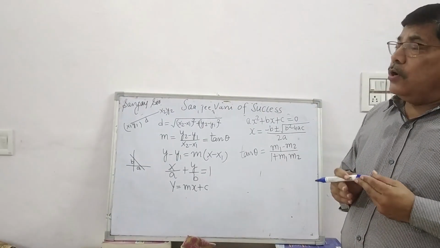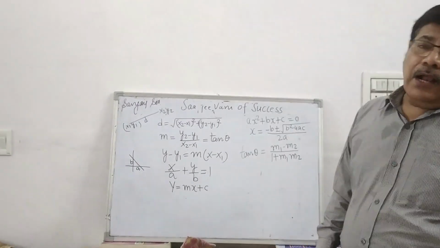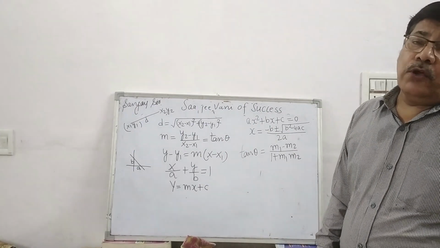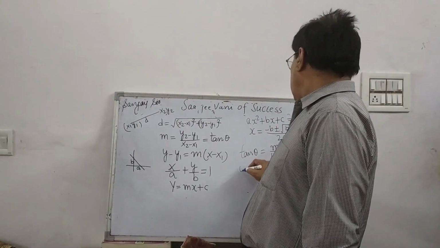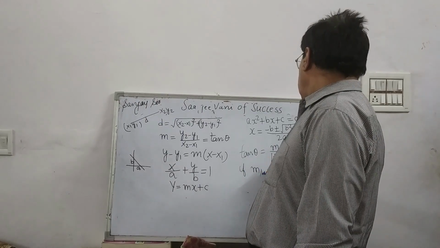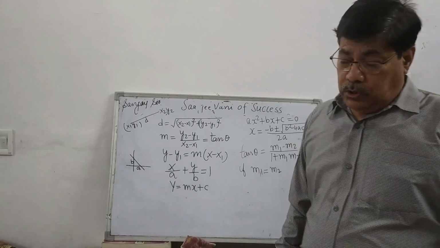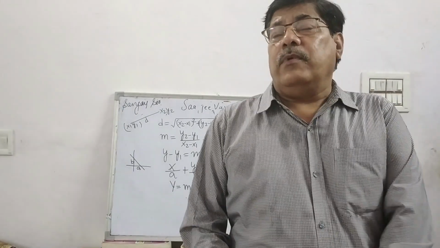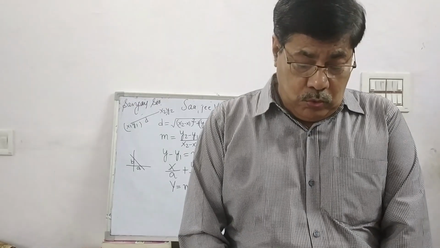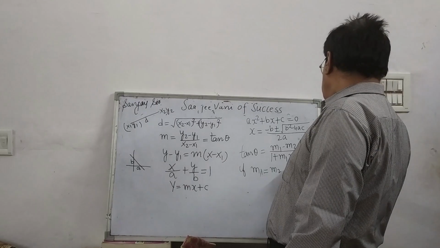Now there are two conditions. You have to tell when the lines will be parallel and when the lines will be perpendicular to each other. So if m1 is equal to m2, means both the gradients are equal, then your lines will be parallel to each other. Clear?